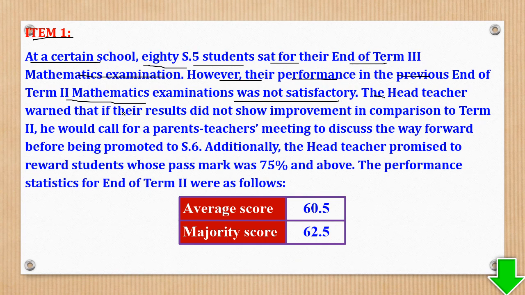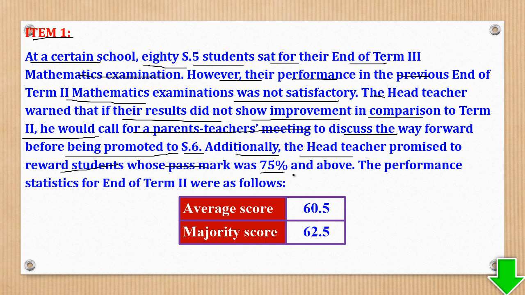The head teacher warned that if their results did not show improvement in comparison to term 2, he would call for a parents-teachers meeting to discuss the way forward before being promoted to Senior 6. Additionally, the head teacher promised to reward students whose pass mark was 75 and above.